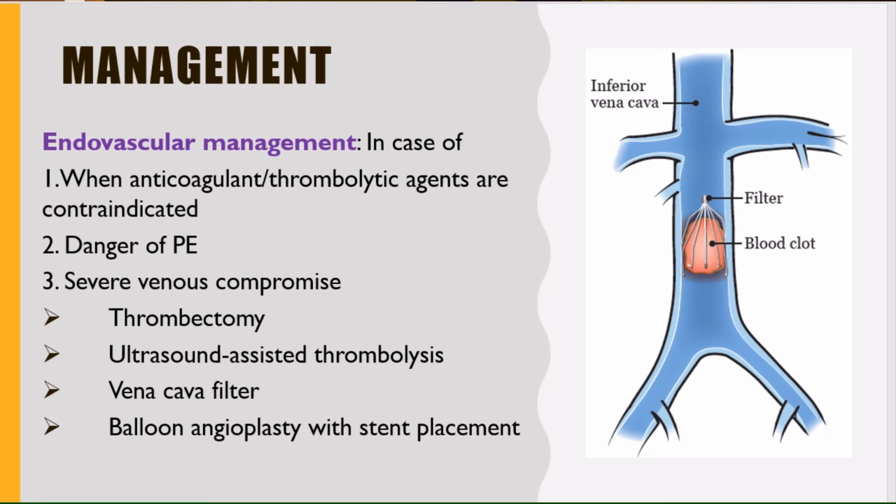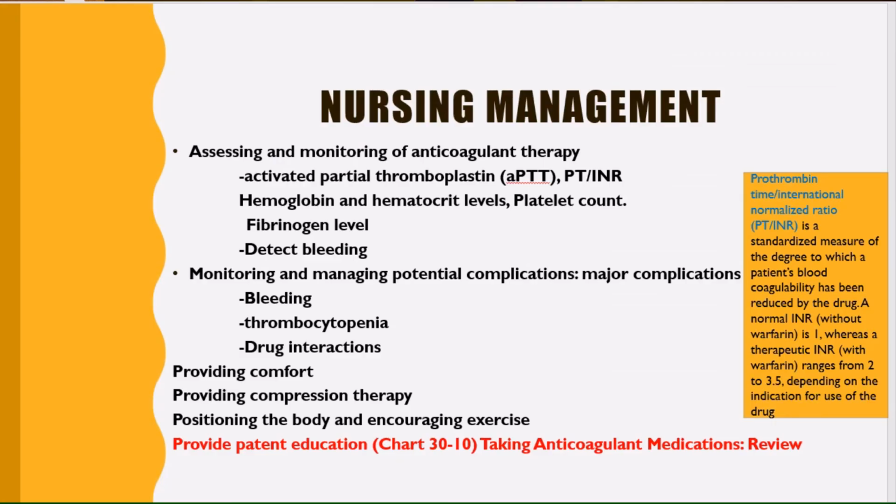Nursing management includes assessing and monitoring of anticoagulant therapy: activated PTT or APTT, PT INR, hemoglobin, hematocrit, platelet count, fibrinogen level. So it's important to assess and monitor patients when they are getting this anticoagulant therapy, and also monitor for potential complications.